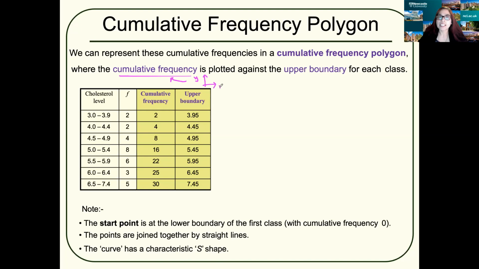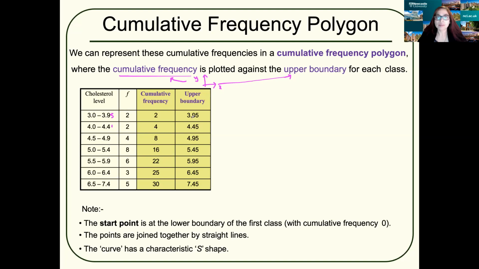On the x-axis, you have the upper class boundaries for each class. I should have labeled this as upper class boundary. You should consider that on the x-axis, not the class, guys, it's upper class boundary.